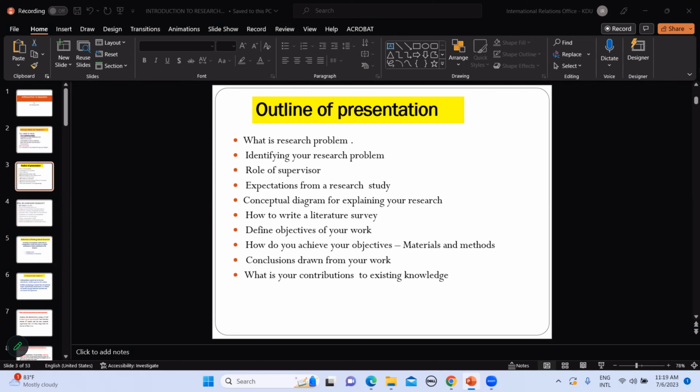Then I will explain what the role of your supervisor is, and how you deal with the supervisor, right? And then the expectations from a research study, and how to prepare the conceptual diagram for explaining your research, right? How to do a literature review.